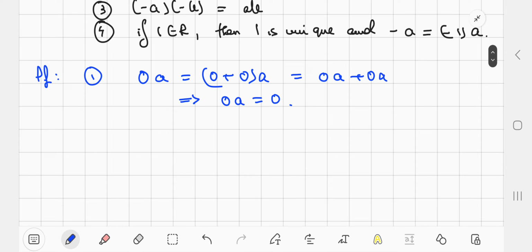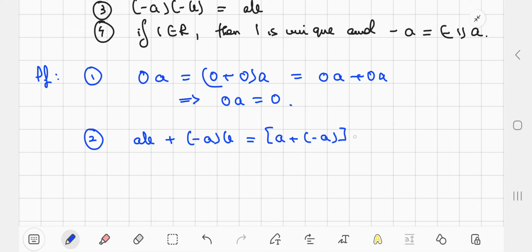Okay, so number 2, let's see. Now observe that ab plus minus a times b, this I can write as a plus of minus a times b. Now obviously a plus of minus a, that indeed is 0, so it's 0 times b, because minus a obviously is the additive inverse of a, so this is 0.